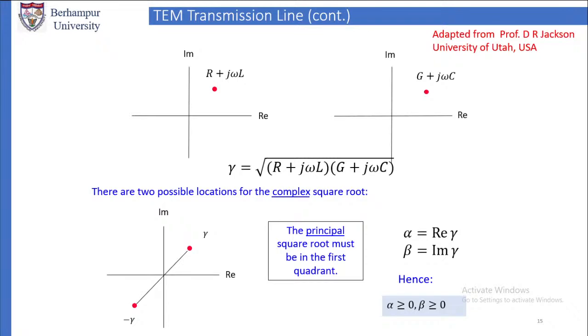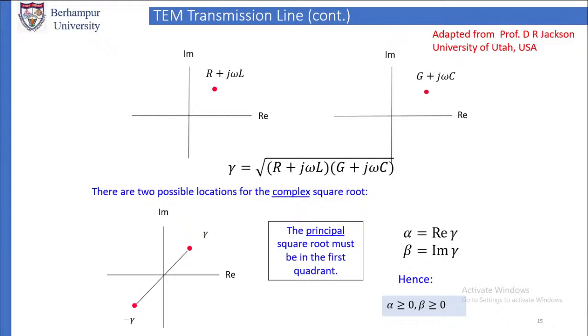Similarly, G is positive, omega is positive, C is positive, so G plus j omega C also will be in the first quadrant. So for each one, r plus j omega l and G plus j omega C, the only possibility is that they will be in the first quadrant.